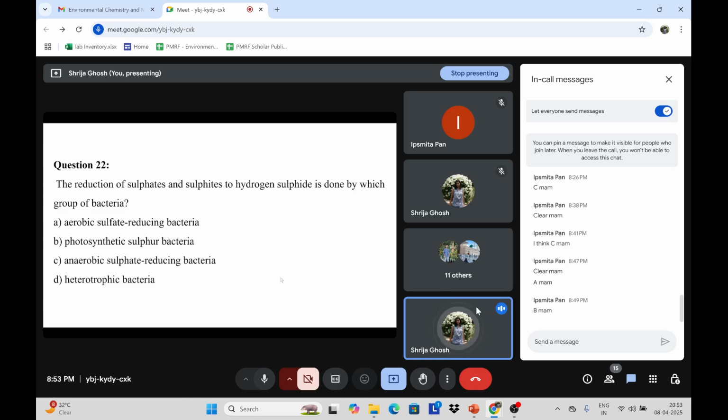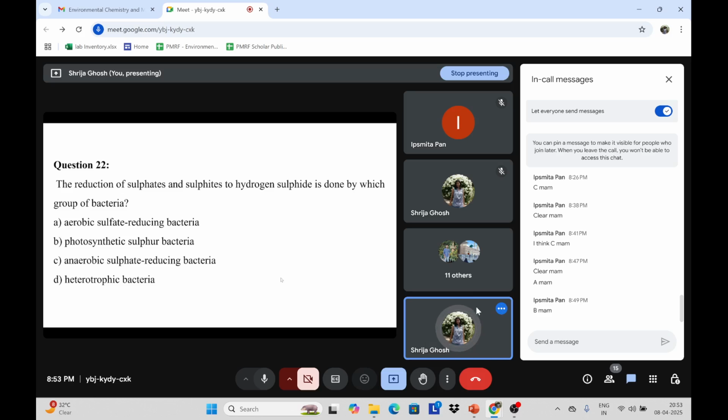So I told you in the Winogradsky column at the bottommost layer, the sulfates and sulfides are converted into sulfides. So it is done by which group of bacteria? What would be the correct answer? I've given you the hint.